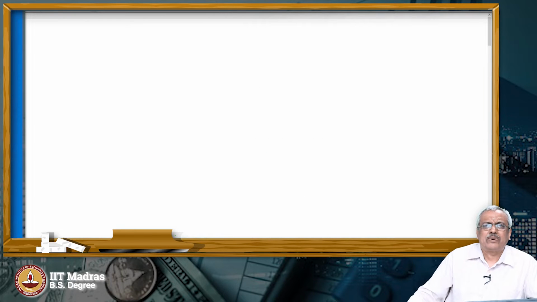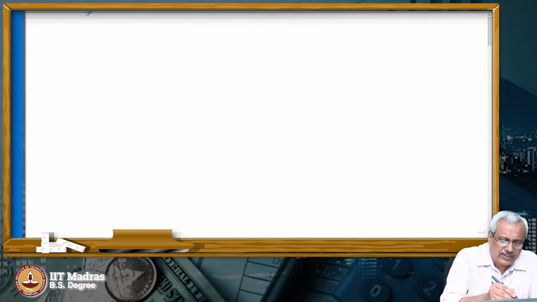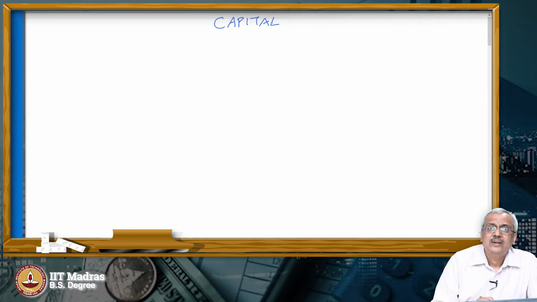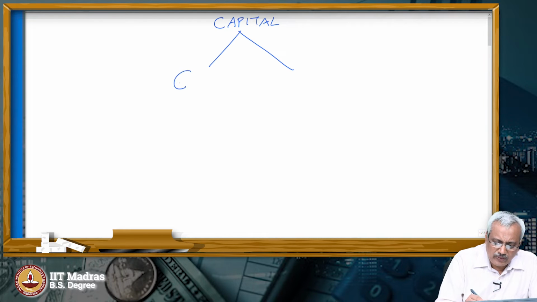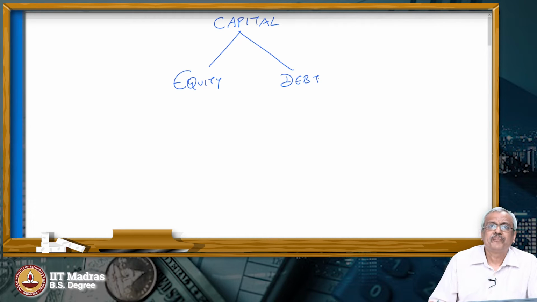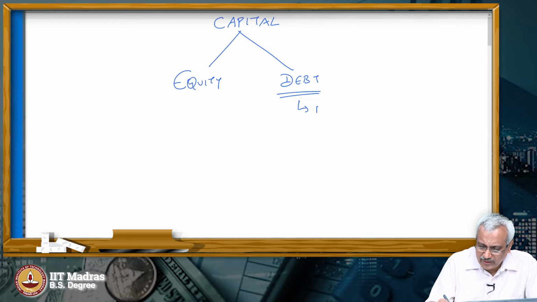We said, what is capital? Normally when we talk about what is called capital, we talk about two different kinds. One is what we call equity capital, another is what is called debt capital. Debt is nothing but a simple borrowing.